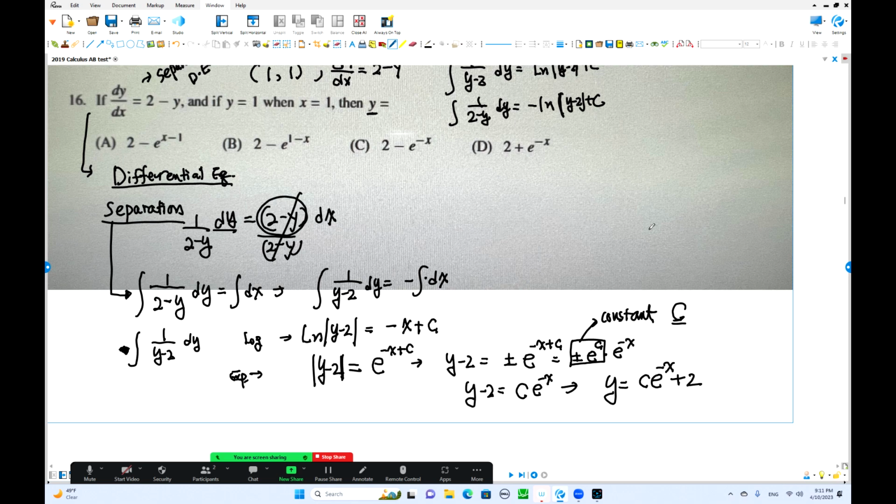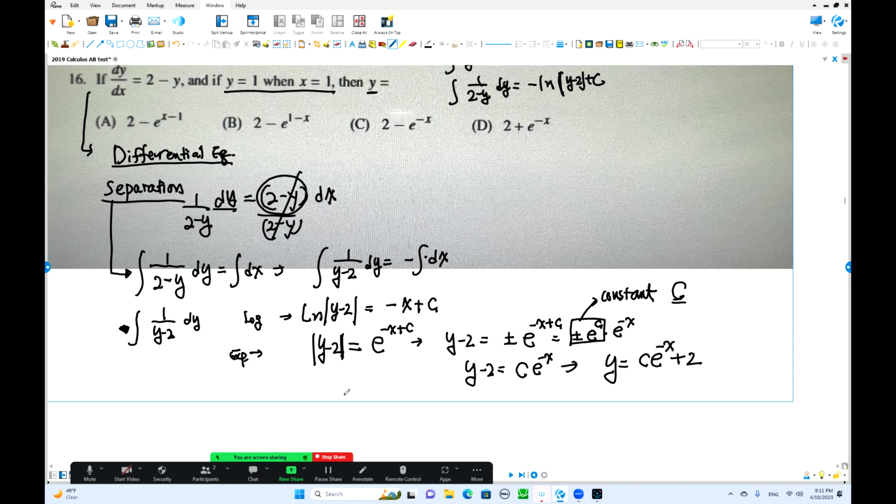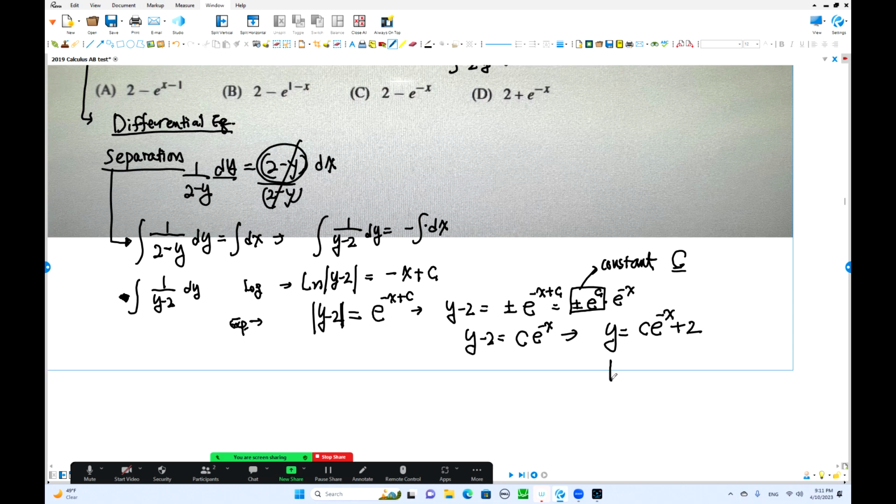We're going to decide the value of c from the given point. When x is 1, y is 1. Put y is 1 when x is 1.